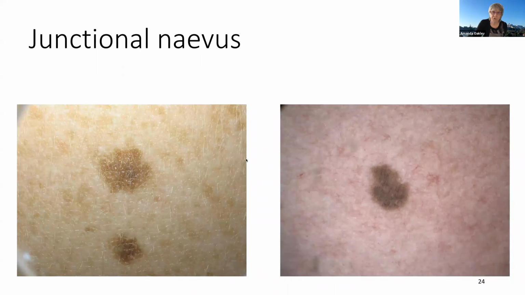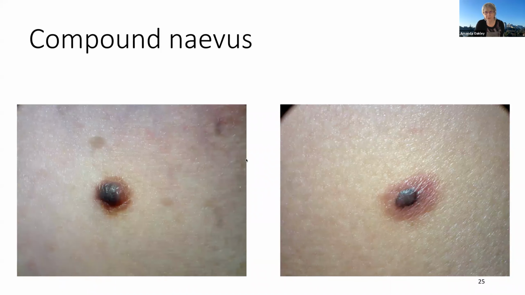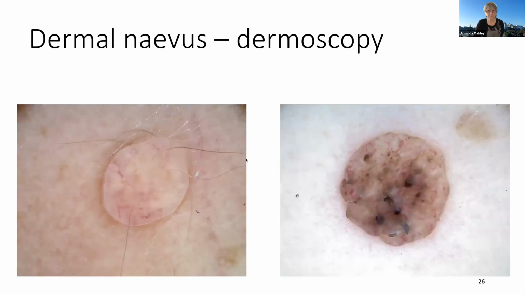The histology of a junctional nevus is melanocytes in the epidermis. Therefore, they're flat lesions. Compared with a compound nevus, which has a flat component, but also a papule or dermal nevus. The dermoscopy of a dermal nevus is predominantly structureless.